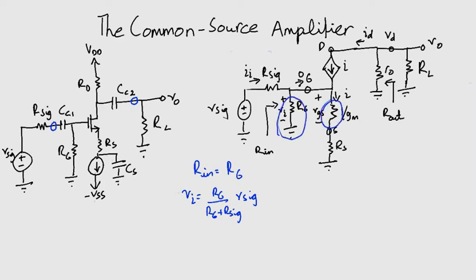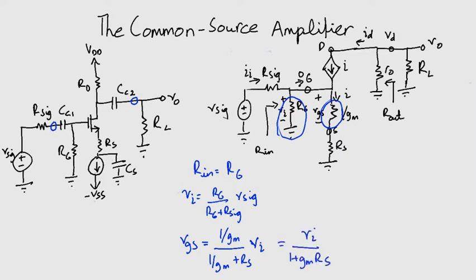Look here. VGS represents only part of Vi. So we can write this as VGS equals (1 over Gm) divided by (1 over Gm plus Rs) into Vi. You can clearly see that this is a voltage divider circuit.